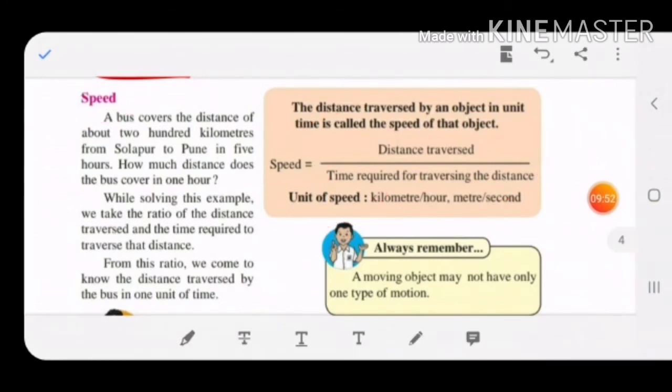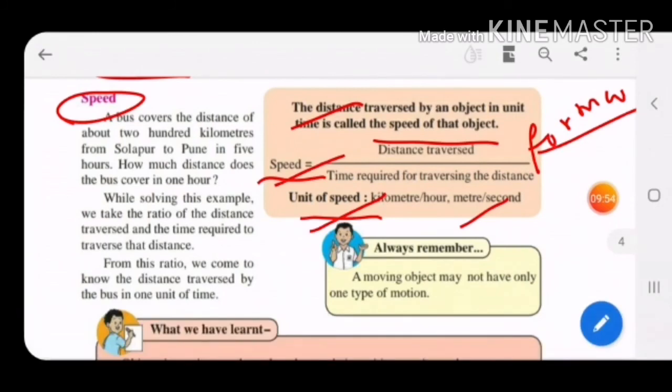A bus covers a distance of about 200 kilometers from Solapur to Pune in 5 hours. How much distance does the bus cover in 1 hour? See children, in 5 hours it covers 200 kilometers. So in 1 hour how much will it cover? So you will divide 200 by 5.